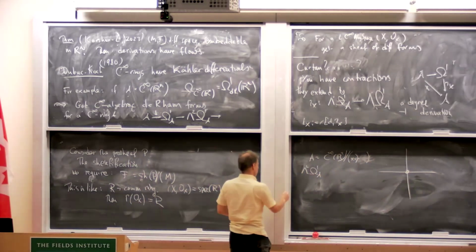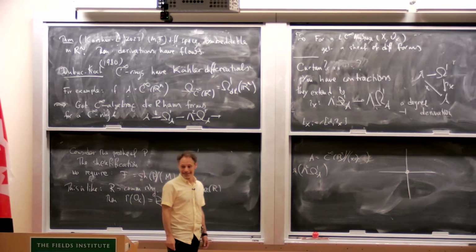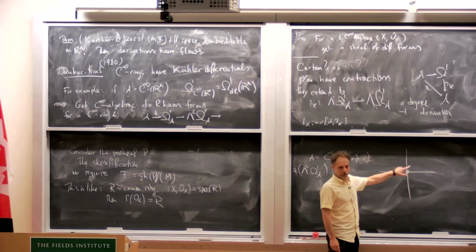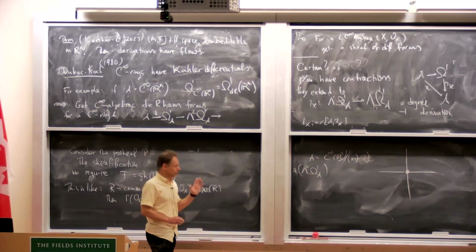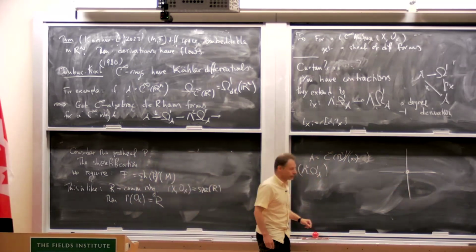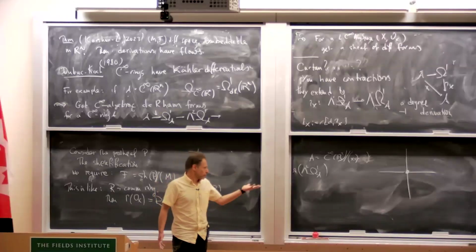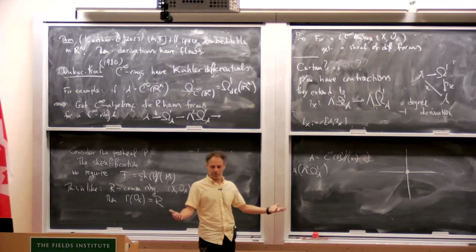If you sheafify this, you get a skyscraper sheaf. You get something non-zero at the origin and 0 everywhere else. So I'll finish with that. So these things are kind of weird. But you get a singularity, right? Something weird should happen. This does. You get a skyscraper sheaf.